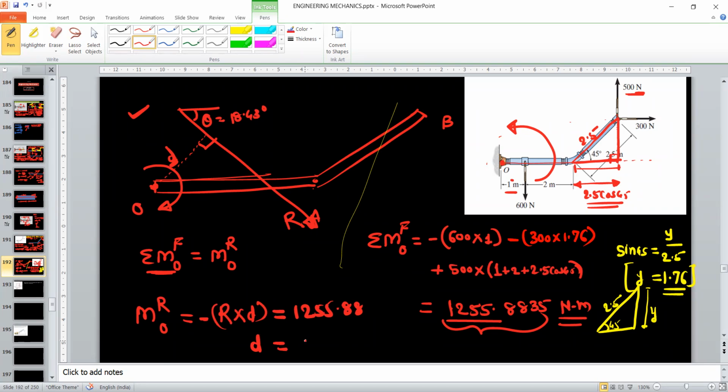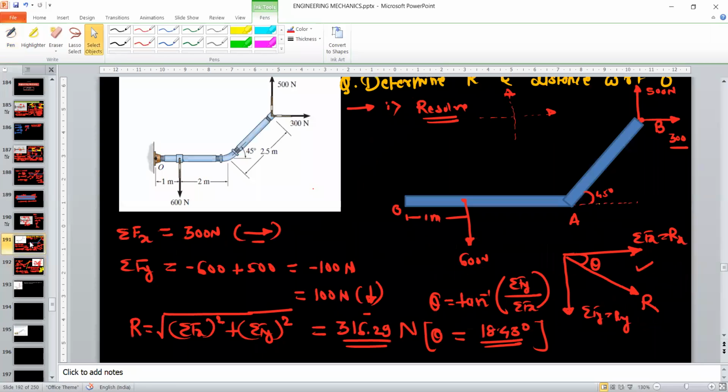And therefore d is equal to 1255.88 and the resultant value. So the resultant is 316.29.